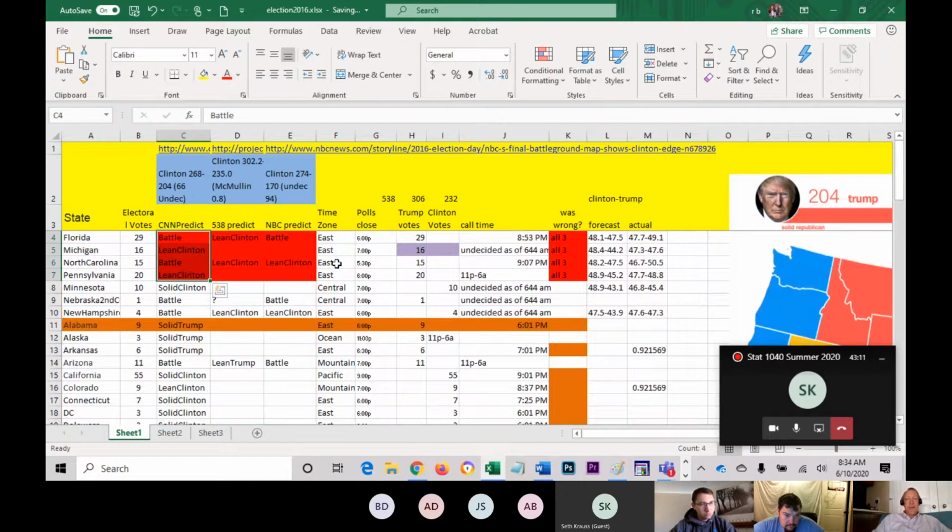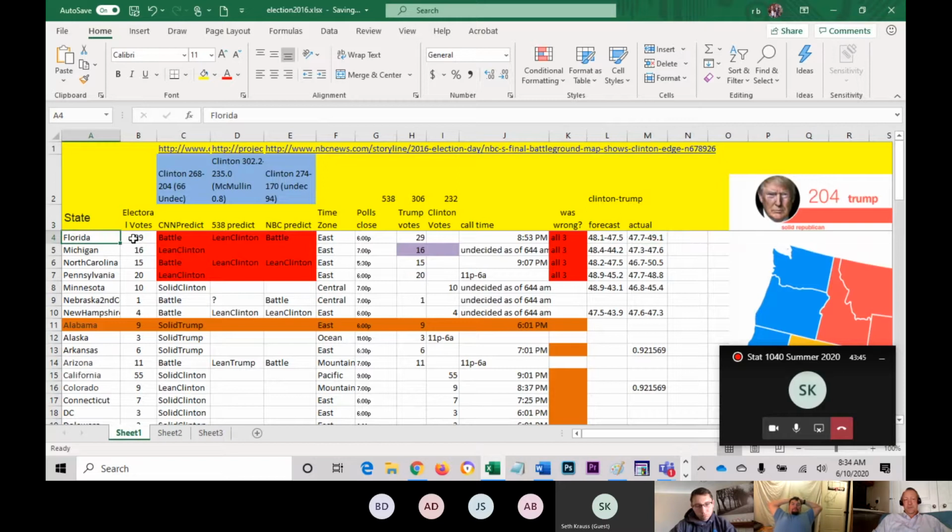In fact, when you look at the forecast versus what actually happened, 48 versus 47, you would say they got Hillary right. And 47 and 49, you would say they got Donald Trump right. That's within your margin of error. If we assume this is a 3% margin of error, they were actually correct. The problem was that 3% made all the difference, because instead of being Hillary's win in Florida, it turned into Donald Trump's win in Florida.